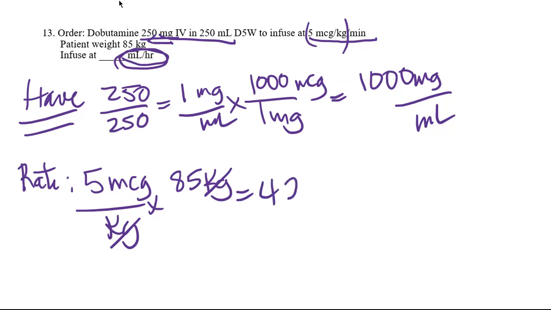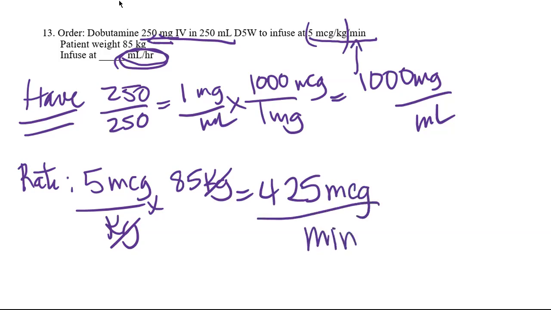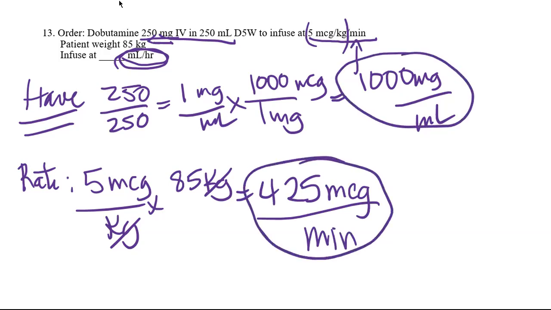So 425 micrograms. Excuse me, I said milligrams, I should say micrograms. And this is per minute. This is the infusion rate that we have.